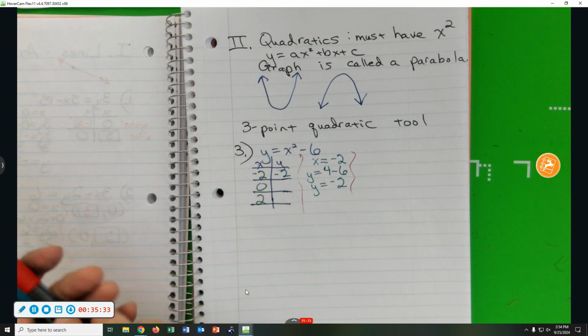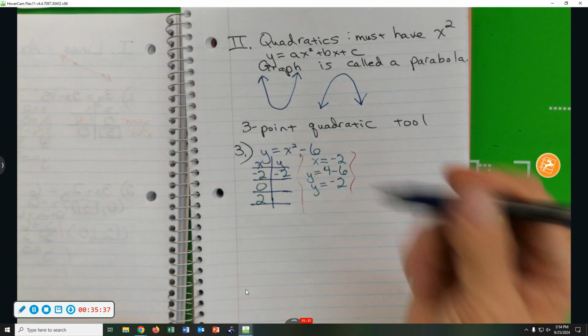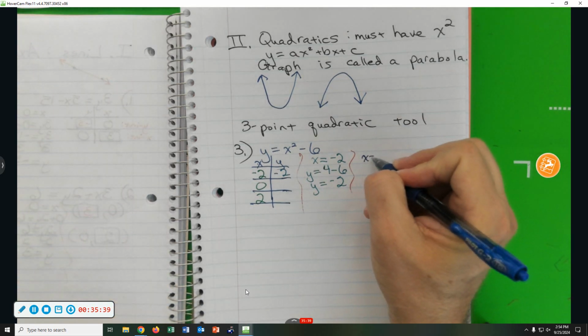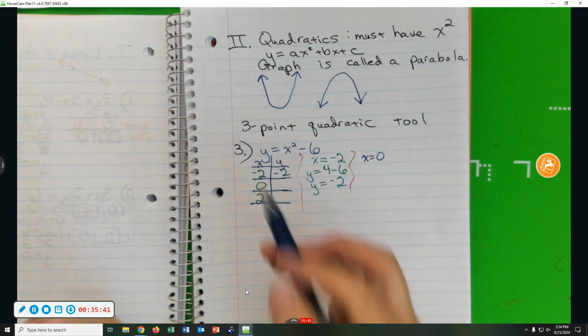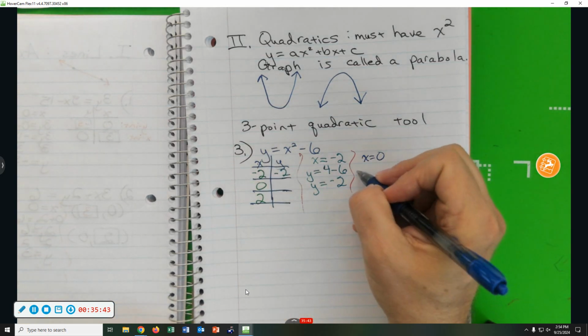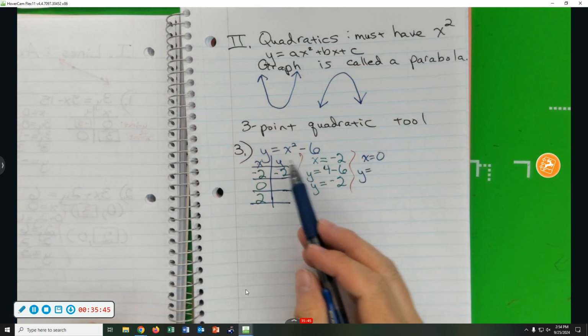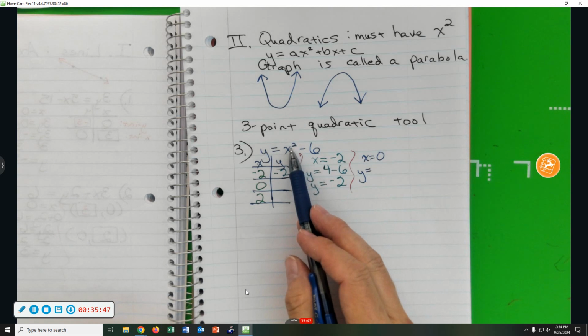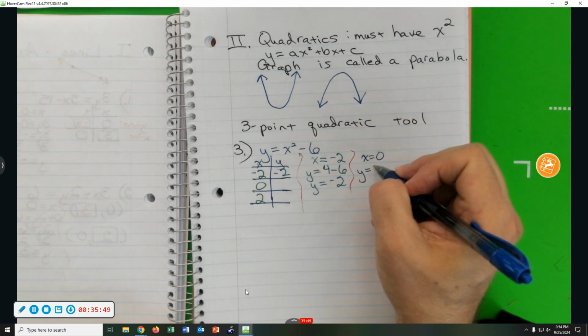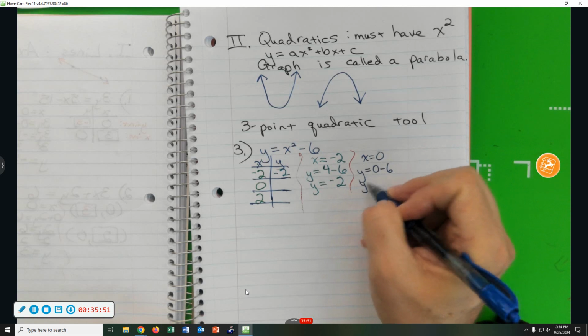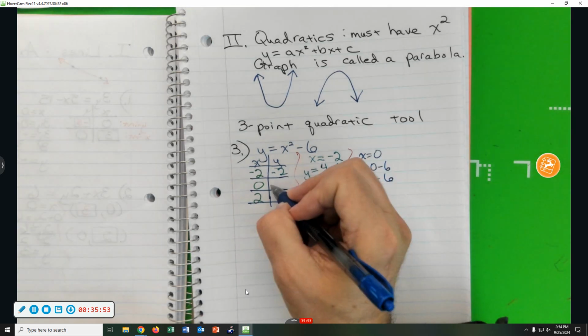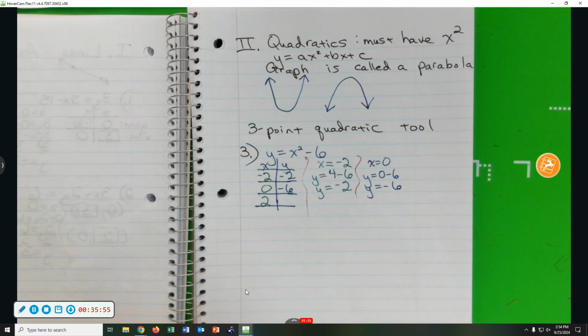Now we're going to plug in 0. Let's plug in 0 for x. That's going to give us y equals 0 squared is 0 minus 6. I agree with the negative 6. So there's my second ordered pair.